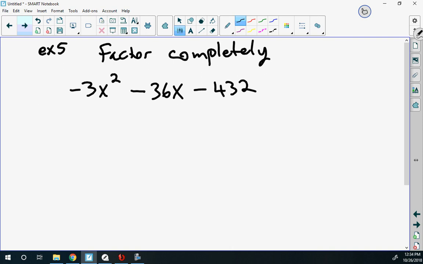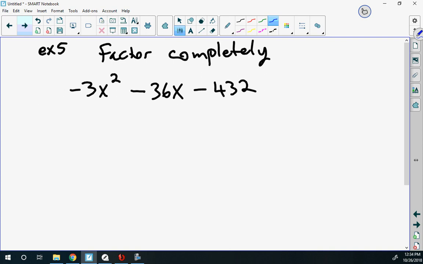This example is so great. It's got so many awesome parts to it. You look at that and you're like, well, it's not a special case. It can be. Now, we got a negative 3 in the first term. The second term, 36, is divisible by 3, isn't it? 4 plus 3 is 7 plus 2 is 9. 9 is divisible by 3. So we could factor a 3 out of this, couldn't we?